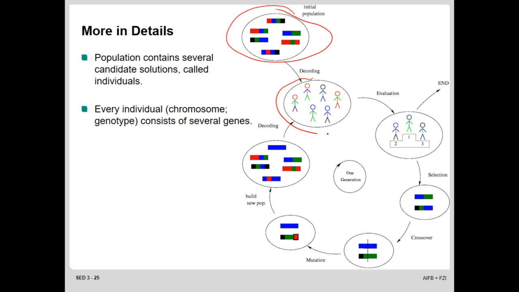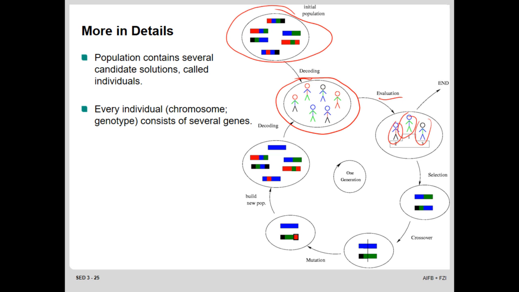And then I decode. And the decoding means I have to look at the phenotype. If I say I have a certain sequence in which I pick certain tasks from a certain task pool, this will result in a certain schedule for running all these tasks. And I can measure the time it needs to actually run all these tasks that have to be carried out. So I can evaluate it, and I can notice, oh, this schedule is the best one, second best, third best.